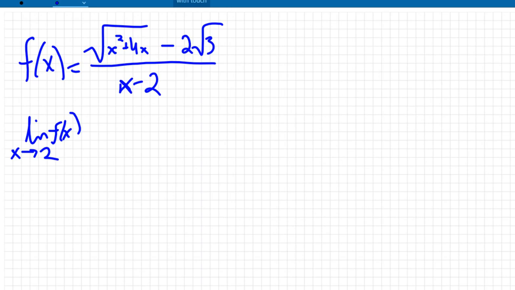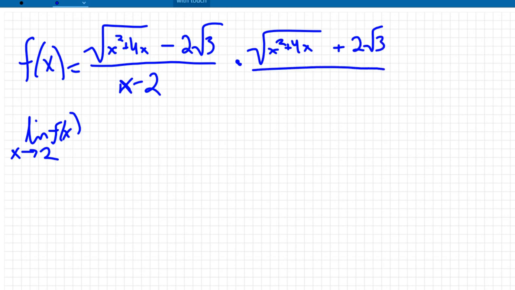So we'll do that straight away. We'll multiply this by the square root of x squared plus 4x plus 2 root 3, over the same thing, because we have to multiply by 1, but in the form of our choosing. We'll get all this junk in the denominator, but it'll help us a lot in the numerator.